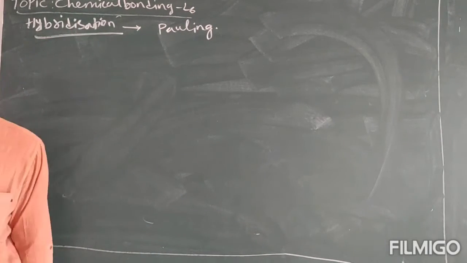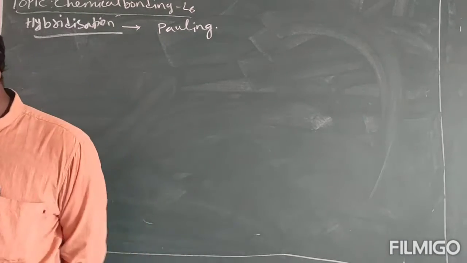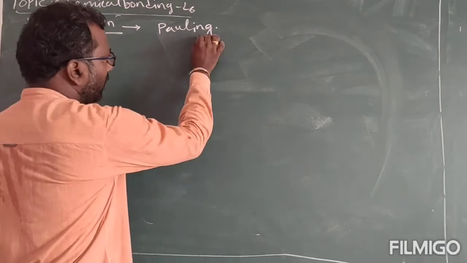Pauling introduced this hybridization to explain the equivalent nature of the covalent bonds present in a molecule.